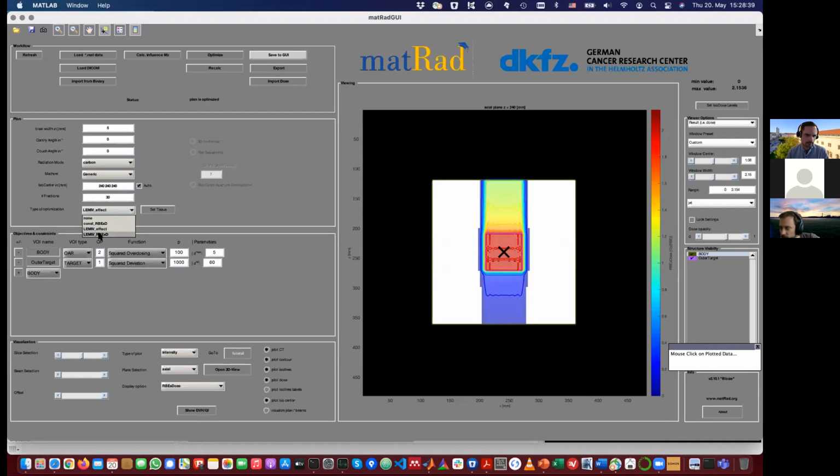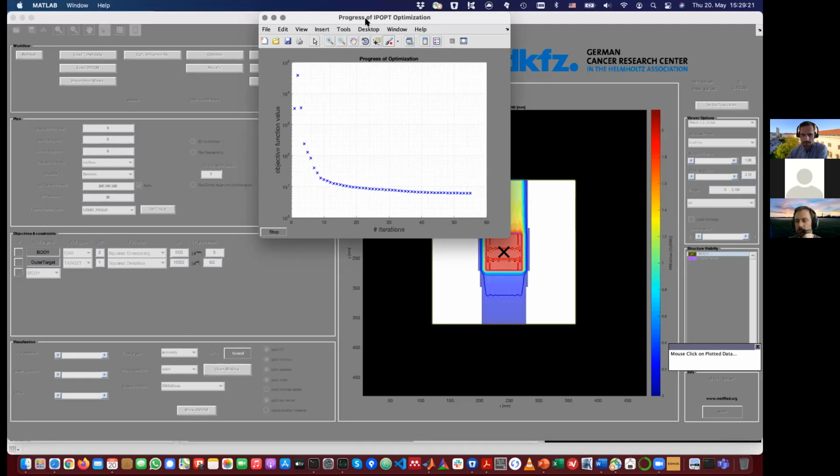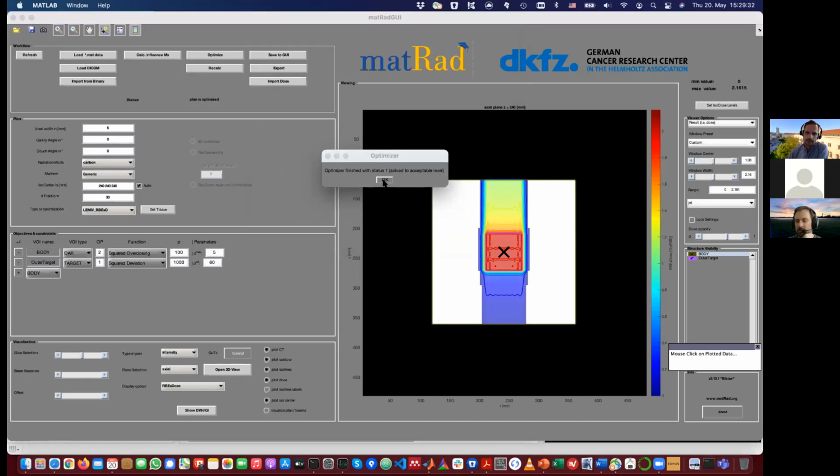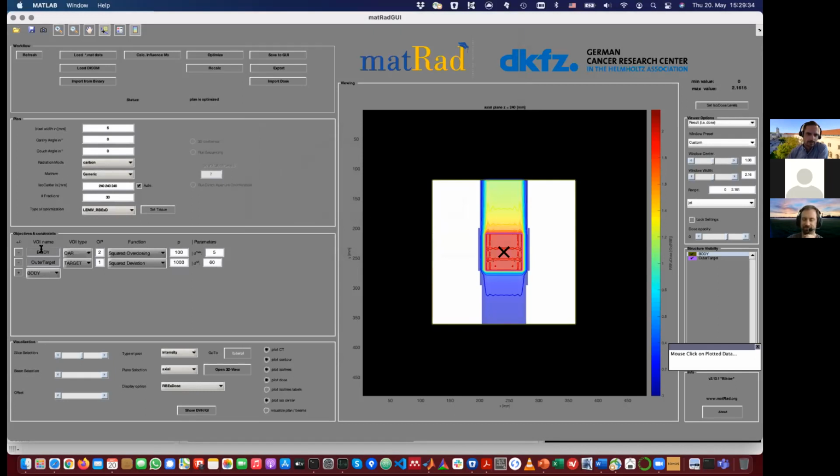Now we'll go over to the RBE times dose optimization. And we'll optimize again. The result will be pretty similar, but basically there will be a small difference coming in because the ratio between the prescription you have made to the target and your organ at risk is different in the RBE dose domain, because you have the square root when you convert the effect to the RBE weighted dose.